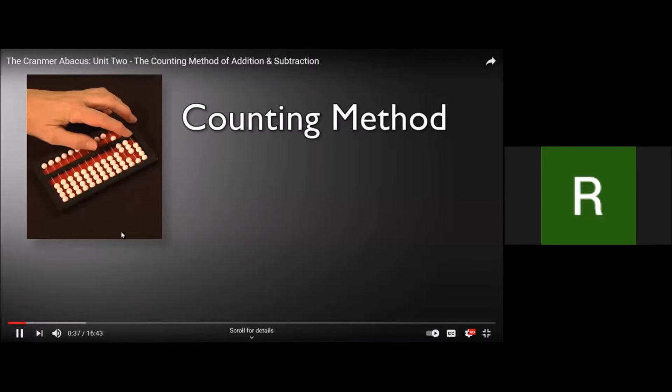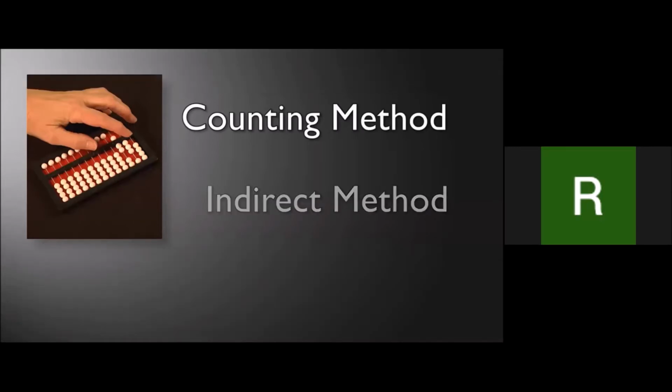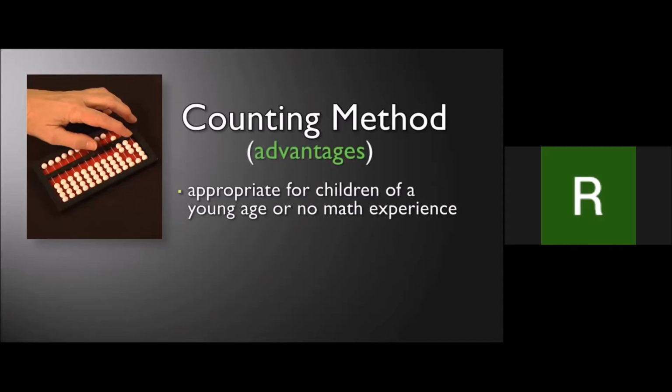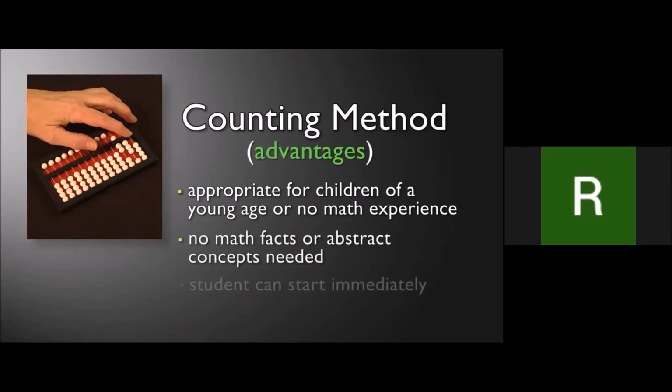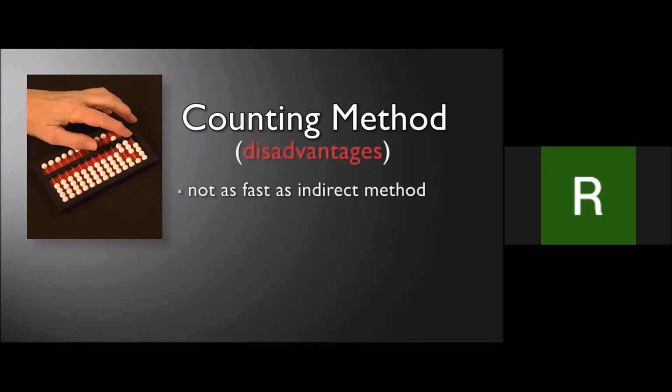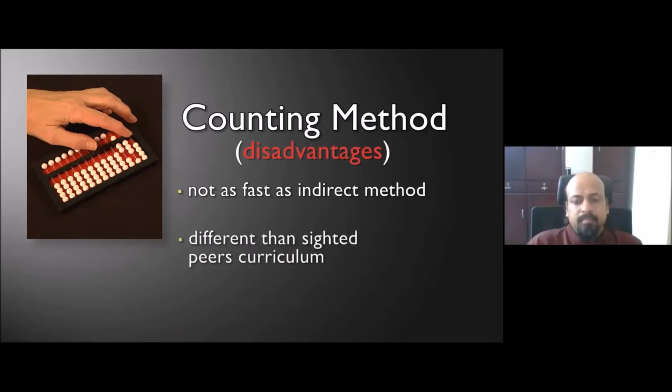The counting method and the indirect method. The advantages of the counting method are that it's appropriate for children at a young age or with no previous math experience. No math facts or abstract ideas are needed, and the student can start right away. The disadvantages are that it's not as fast as the indirect method, and it's not what the peers are doing in the general education classroom.